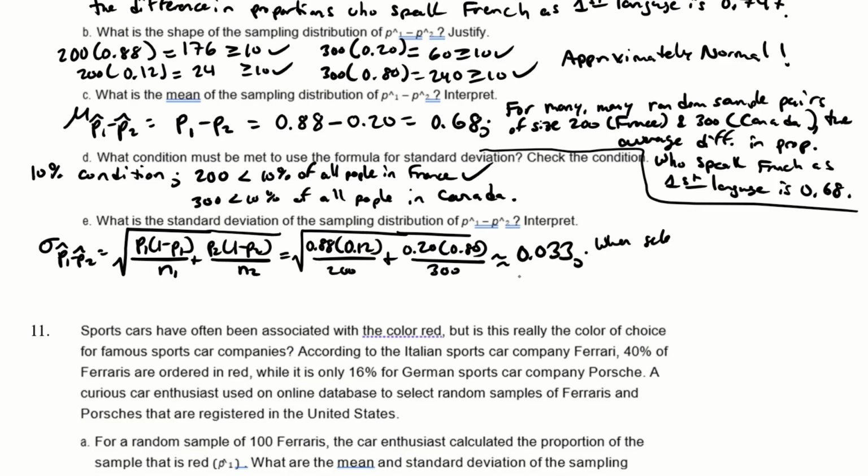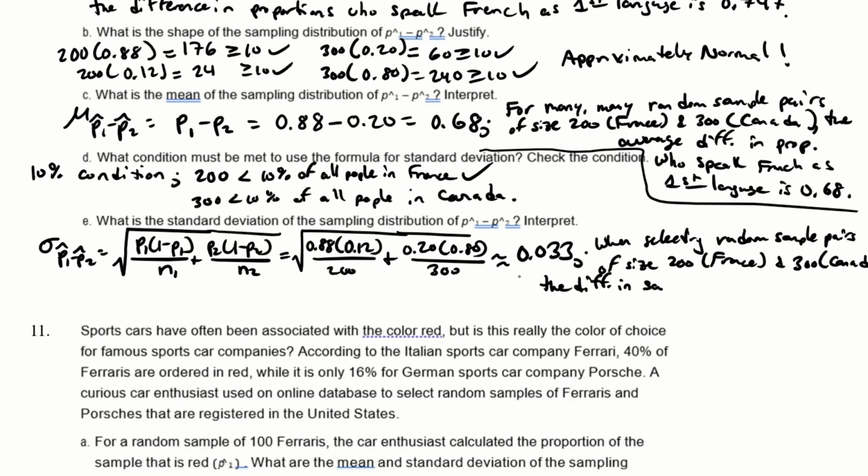So when selecting random sample pairs of size 200 from France and 300 from Canada, the difference in sample proportions who speak French typically varies by 0.033 from the mean of 0.68.